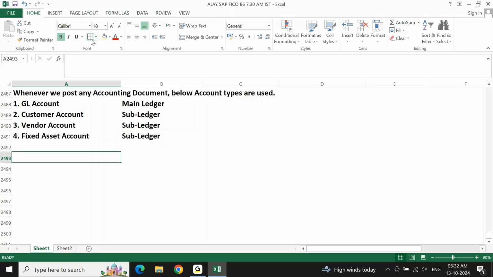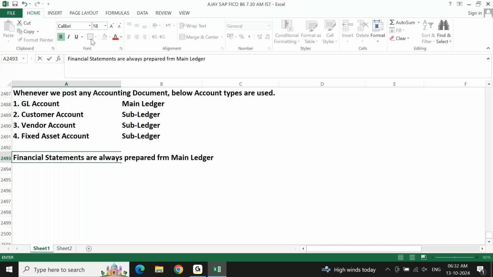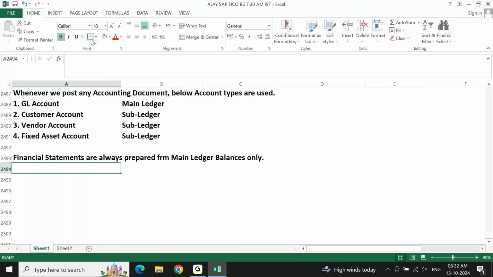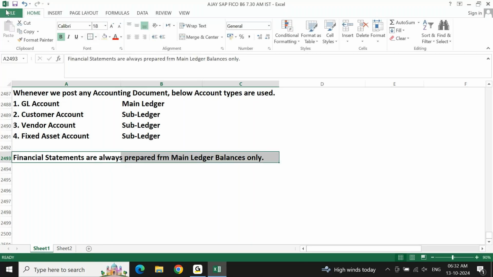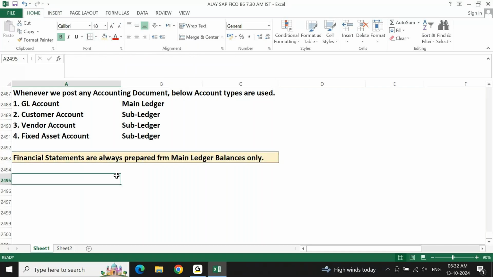Next point, financial statements are always prepared from main ledger balances only. This statement you'll have to remember. Financial statements are always prepared from main ledger balances only, which means anything that is representing as a subledger will not be considered for your financial statement preparation.